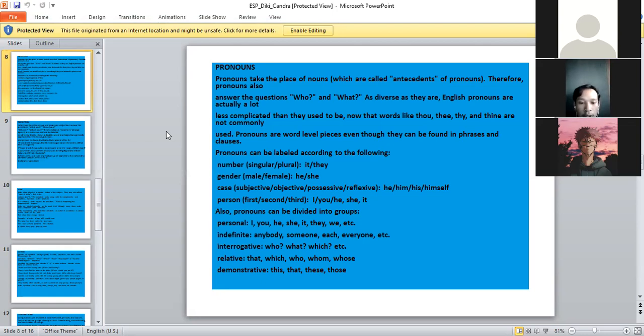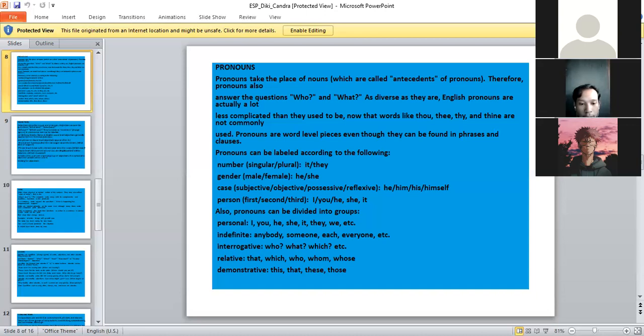Pronouns can be labeled according to the following: number, singular or plural: it, they; and then gender, male, female: he, she; and the next, case: subjective, objective, possessive, reflexive: he, him, his, himself; and person: first, second, third: I, you, he, she, it.